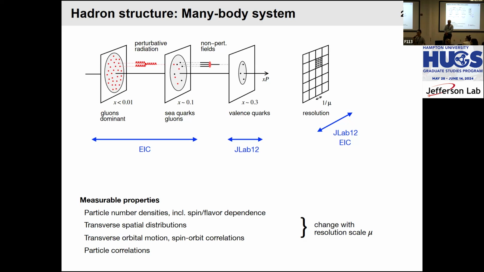More questions? I just have maybe not a question, but more a hunch. When it comes to the gluon dominant regime, does it tie to the initial state of the quark gluon plasma?